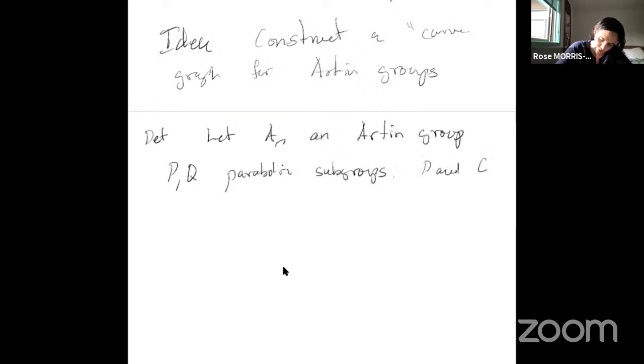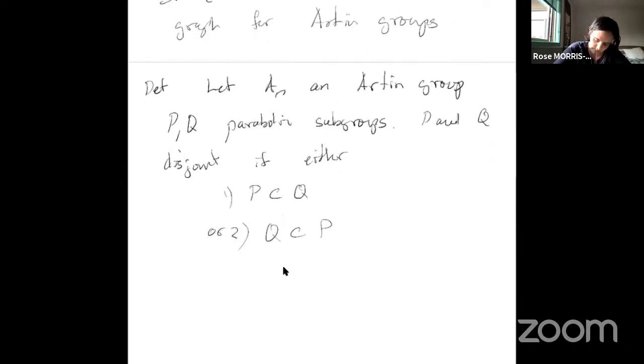And we call P and Q disjoint if one of three things happens: either P is a subset of Q, or Q is a subset of P, but not equal to, or P intersect Q is equal to the identity, and all the elements in P commute with all the elements in Q.